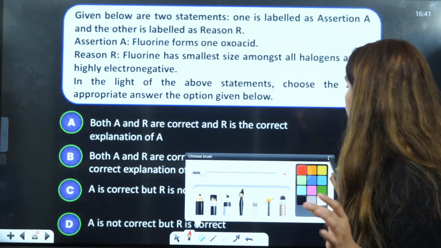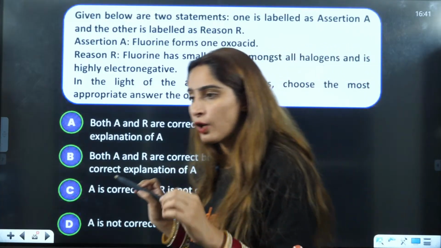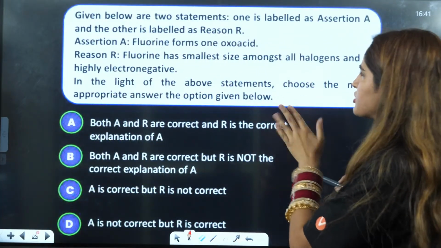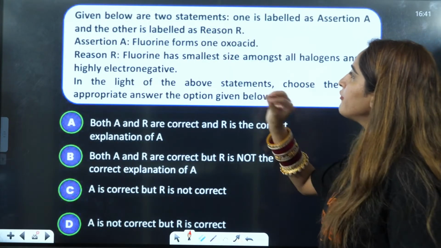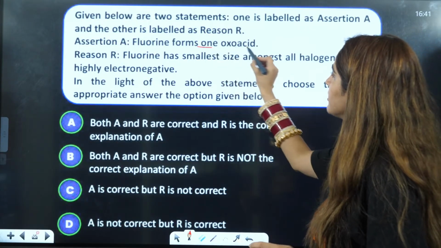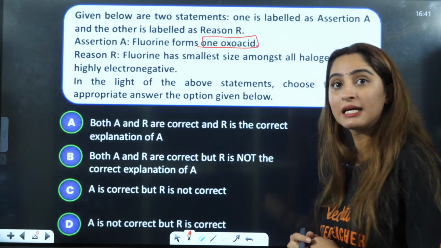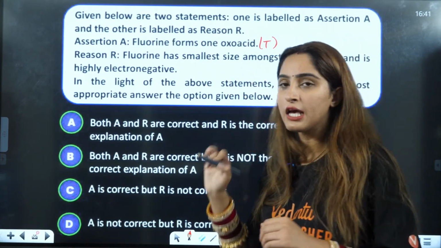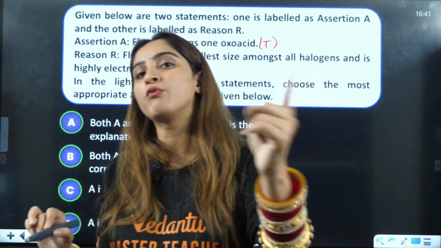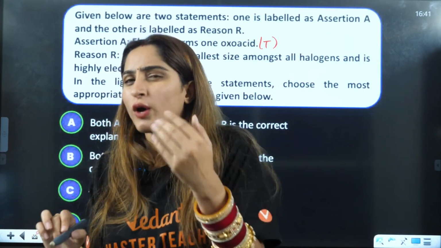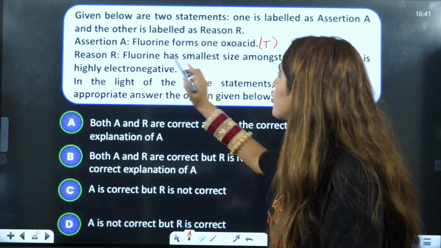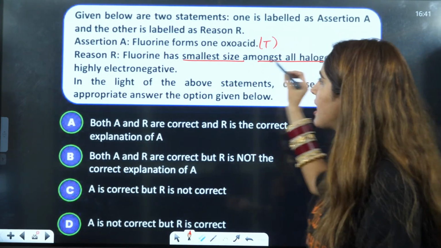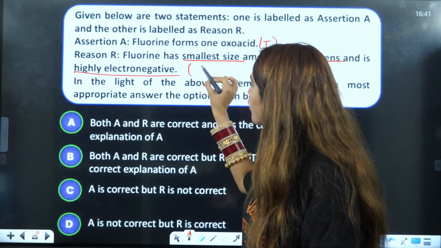Next question on your screen is, given below are two statements. One is labeled as assertion, the other as reasoning. Okay. Fluorine forms one oxo acid. Is it correct or not? That is definitely correct. These are factual questions. Okay. Fluorine definitely forms only one oxo acid. But what is the reason behind that? Fluorine has smallest size amongst all halogens and is highly electronegative. That is also true.